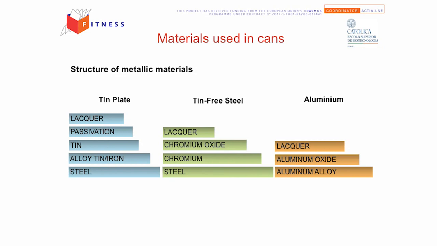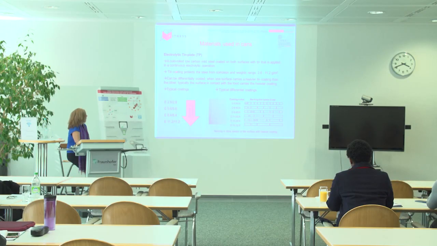So the tin plate, that's the most used. It's a low carbon mild steel, and the tin is applied to protect the steel from corrosion.